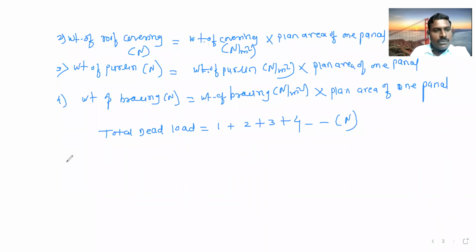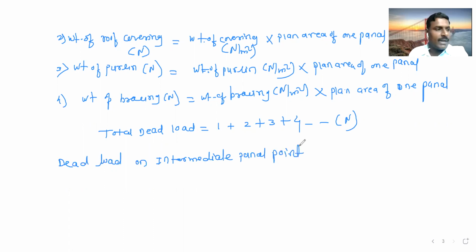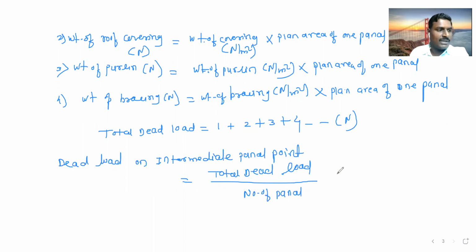So now dead load on, this is the total dead load. So dead load on intermediate panel point. Dead load on intermediate panel point is equal to total dead load divided by number of panels. So we have assumed number of panels, and it is in Newton.